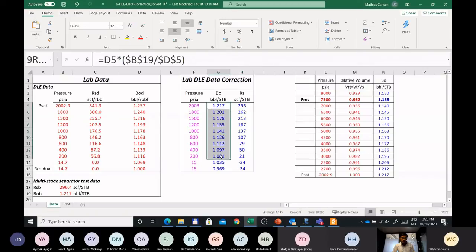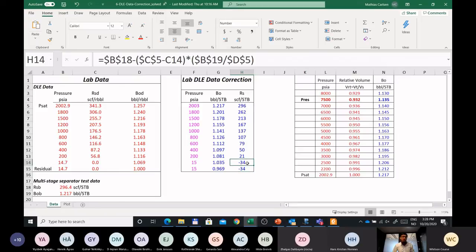So what you see, for example, here, the BO value and then RS value. You see that you have these negative RS values at the residual or at very low pressures.